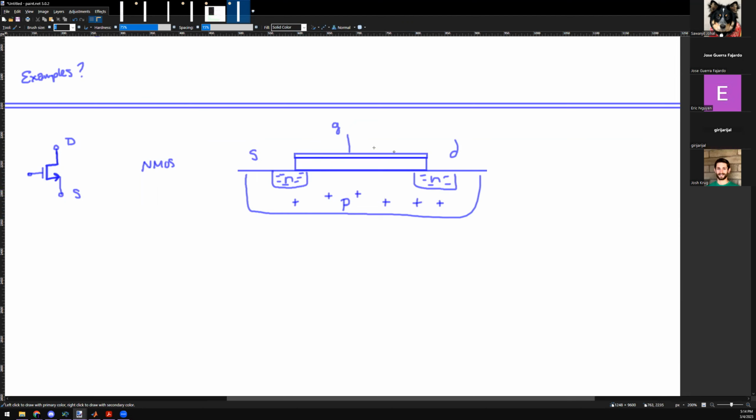And right now, if I just have a MOSFET floating around, this P region, even right here, is all positive still. However, let's take a look at what actually happens. This is also an oxide layer, so this is just non-conductive. This is just some kind of non-conductive layer.